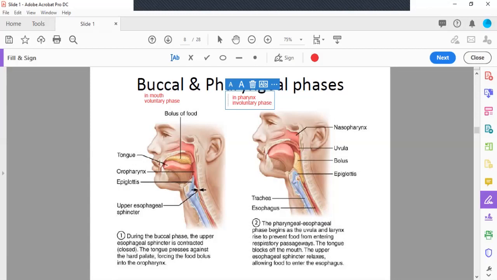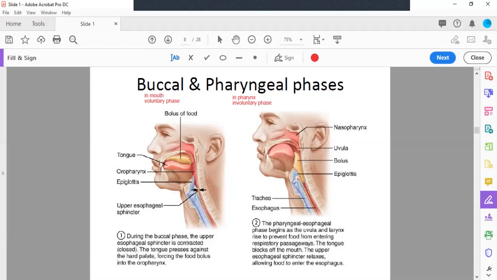So here's what happens. In the pharyngeal phase, the uvula rises to prevent the bolus from going into the nasopharynx, so it doesn't go back out your nose. As the uvula goes up, it helps to channel the bolus of food down into the oropharynx.